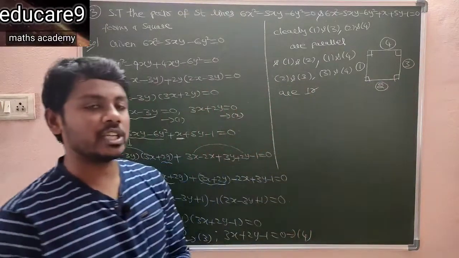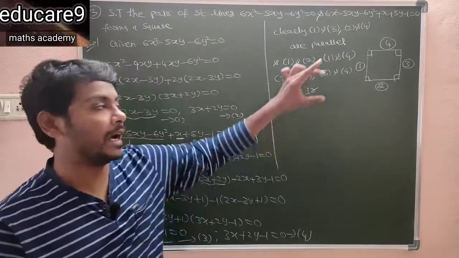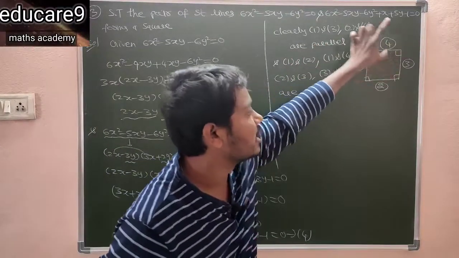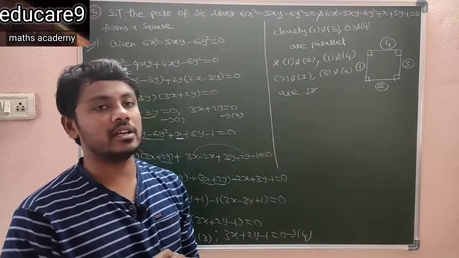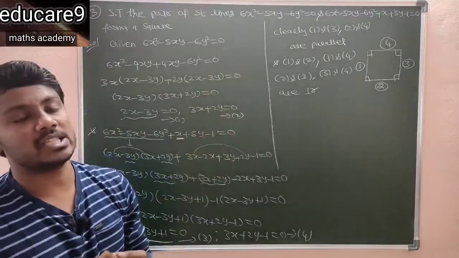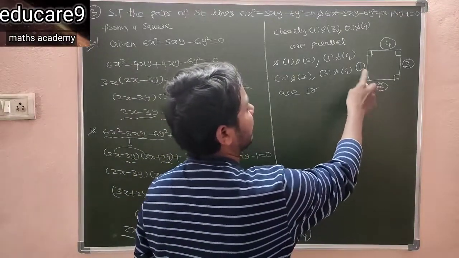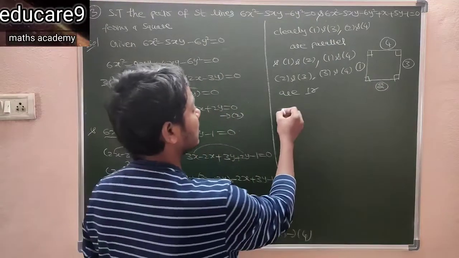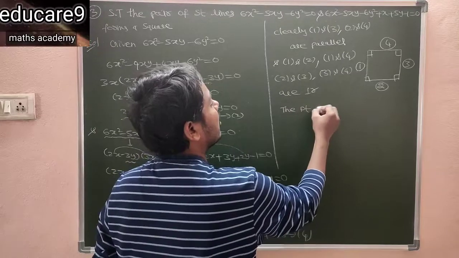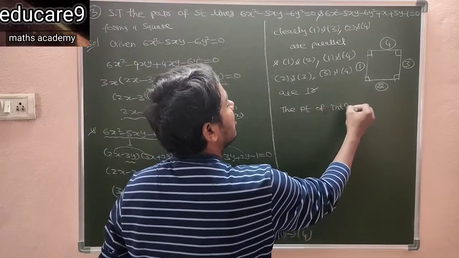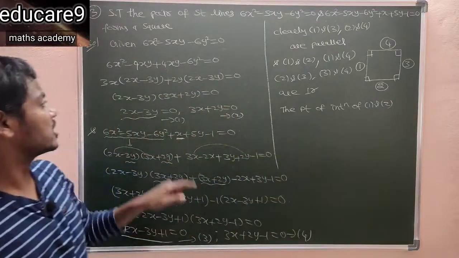We have two possibilities. One is square and another one is rectangle. Now we need to find these distances. If the distances are equal, then we can say that the lines form a square. Okay. Now you need to find the point of intersection of 1 and 2.